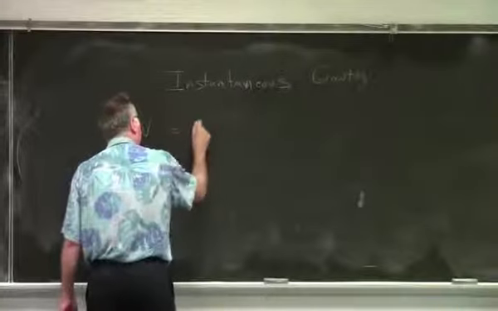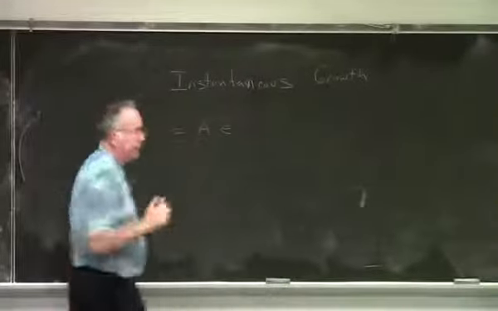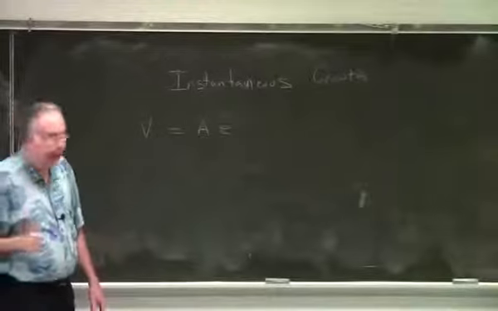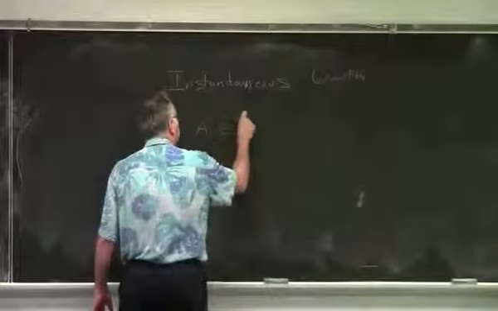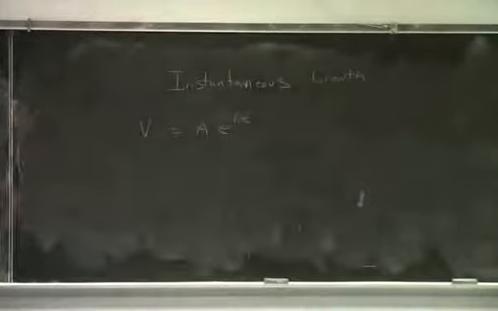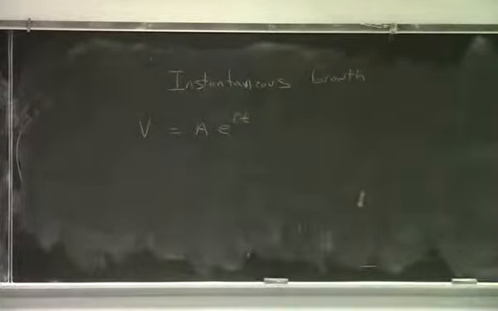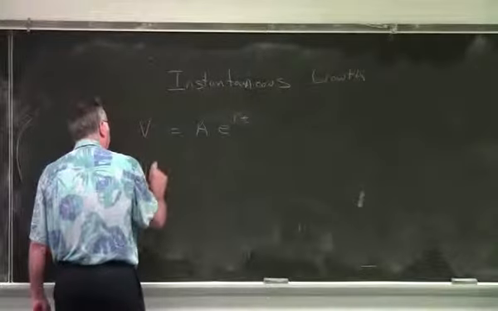V equals A times the mathematical constant E to the RT power. And if it's growing instantaneously at 5%, then at the end of 1 year, it would be this.